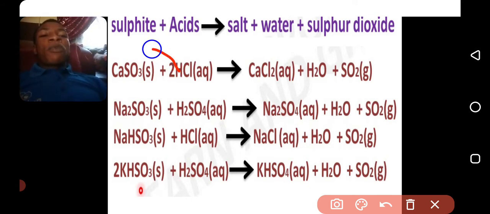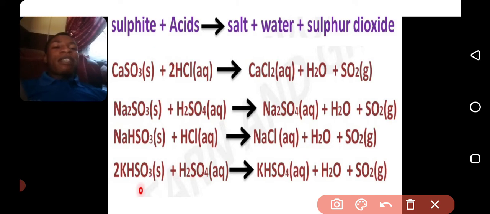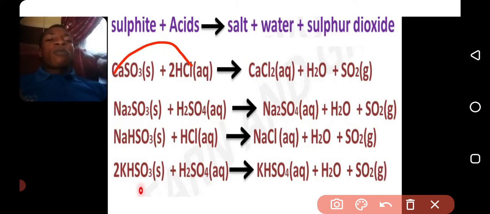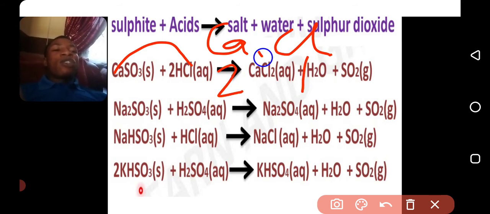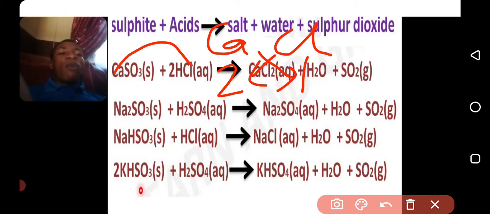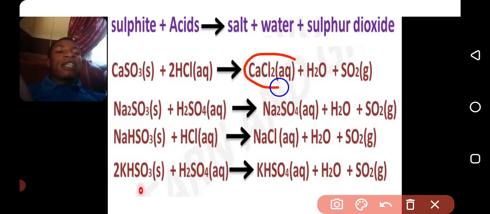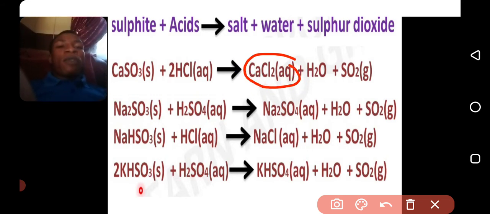H will pick up SO3. Okay, let me start from here. Ca will pick up Cl. The valency of Ca is 2, valency of Cl is 1. So when they combine, we have CaCl2. You get that?